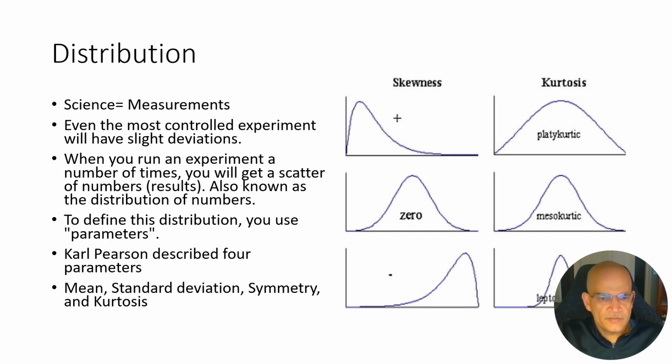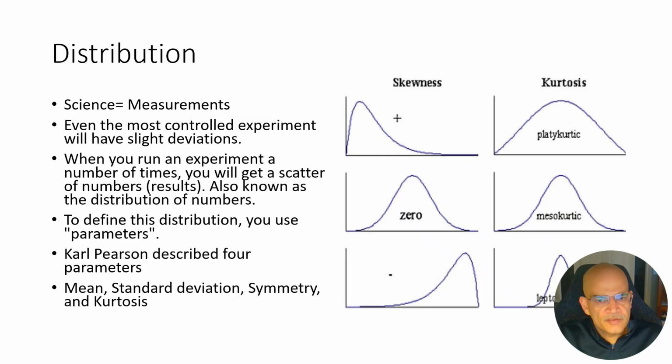Okay, we talk about distribution a little bit. Whatever we are measuring will have deviations. When you run an experiment a number of times, you get a scatter of numbers, and this is called the distribution. To define the distribution, you use parameters, and there are 4 parameters: the mean, standard deviation, symmetry (skewness), and kurtosis. Mean and standard deviation are pretty easy to understand. This is skewness: this is positively skewed data, this is 0 skewness, and this is negatively skewed data.